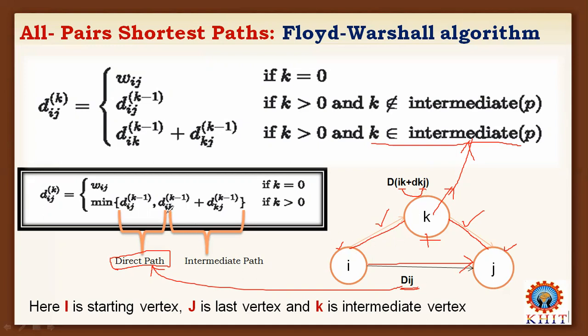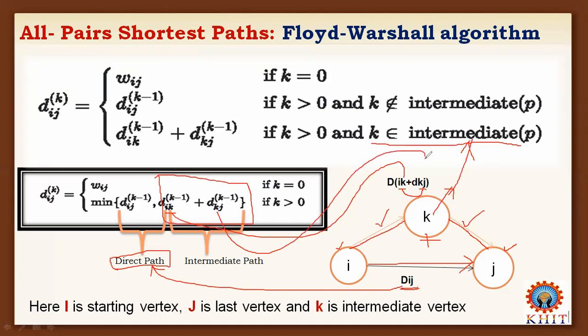So this is the formula which represents d of I to k and d of k to j.